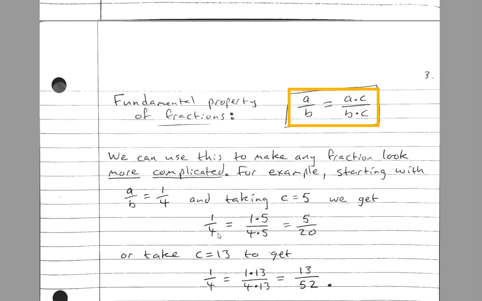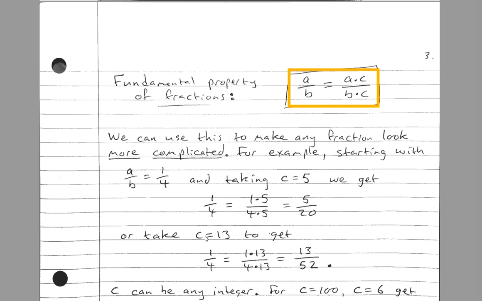We see that 1/4 is equal to 5/20. Or we could pick a different number. So instead of 5, we could take 13. Just to emphasize, the C could be any number. What happens if we take 13? Then you can make 1/4 look like 13 over 52.